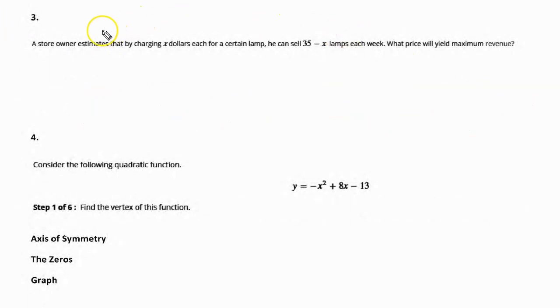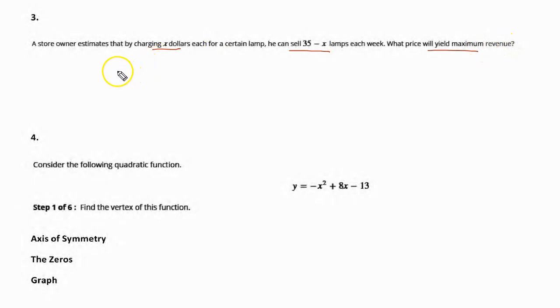Now, for number 3, it says a store owner estimates that by charging x dollars for a certain lamp, he can sell this many lamps. At what price will the yield maximum revenue?